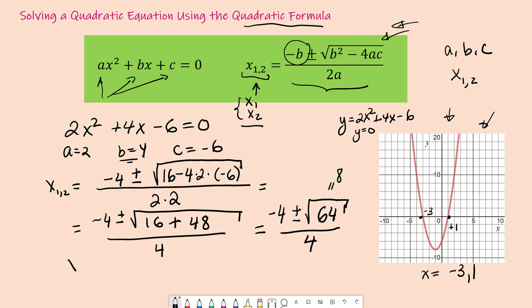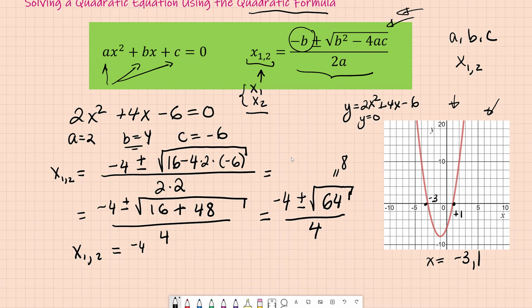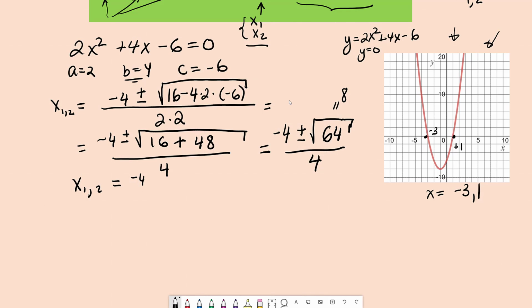So we know now that our x1, 2, our two x's are negative 4. Let me move things down a little bit so that we have a little more room. Okay, so let's erase that, write it more neatly. x1, 2 equals, now let's separate into our two solutions.